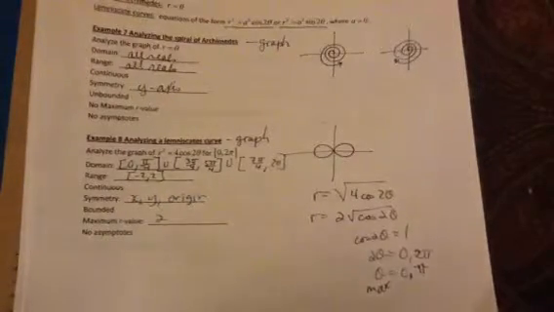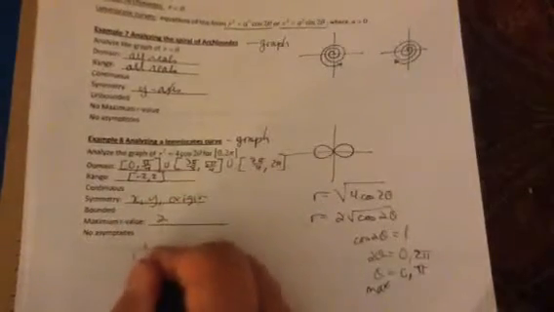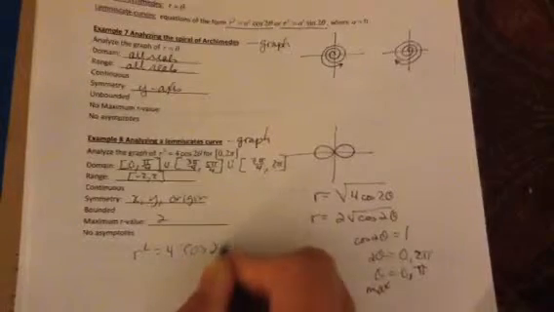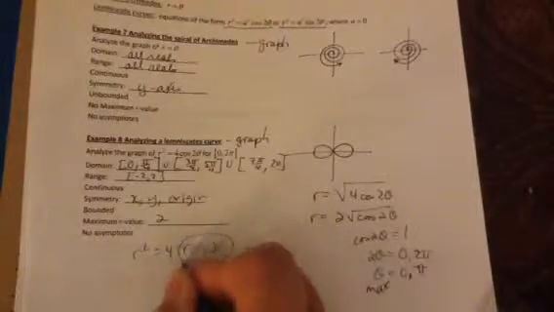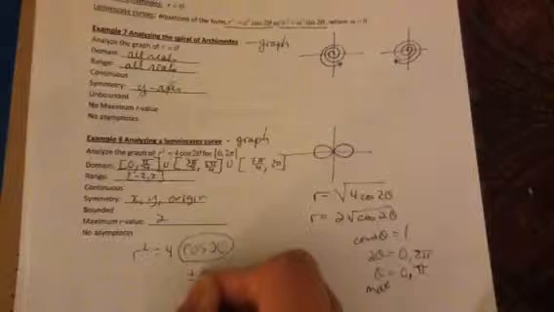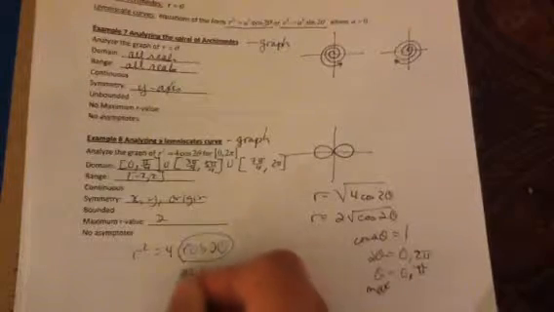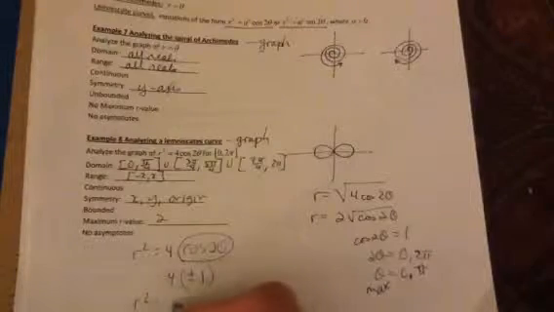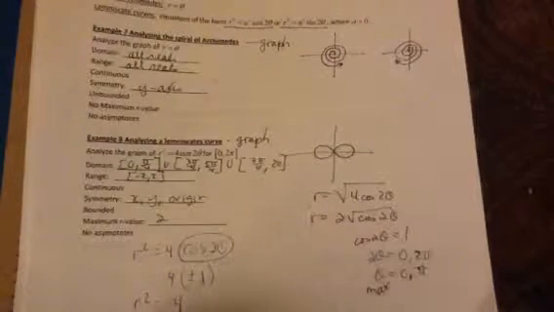And the reason being is if I go r squared equals 4 cosine 2 theta. This here goes between plus or minus 1 times 4. So r squared is going to be 4, and r is going to be plus or minus 2.